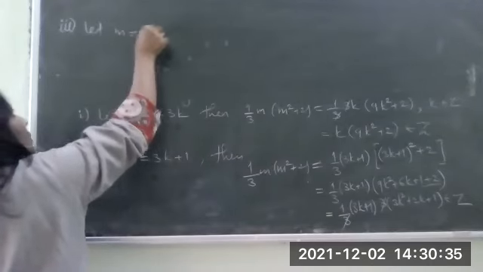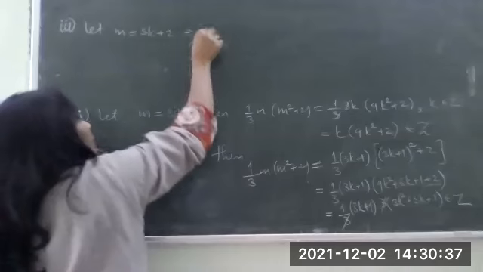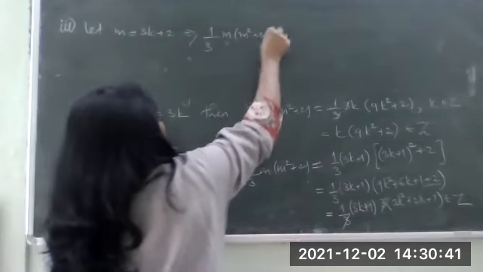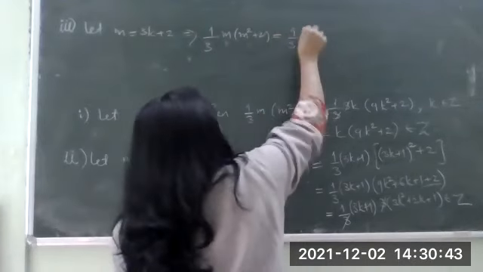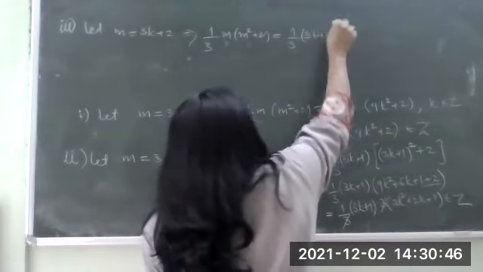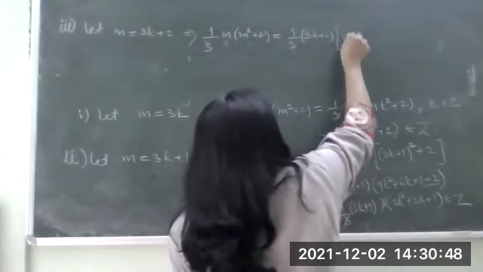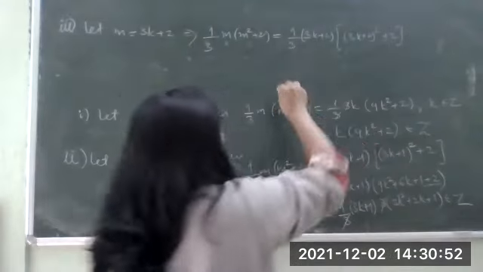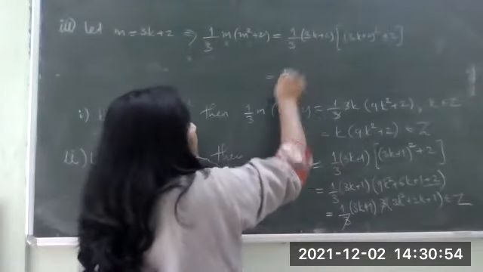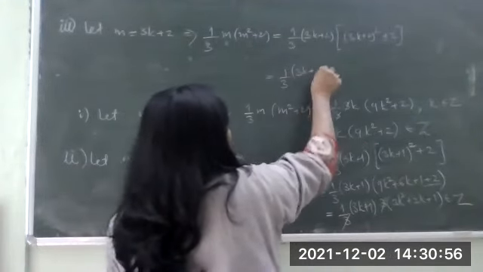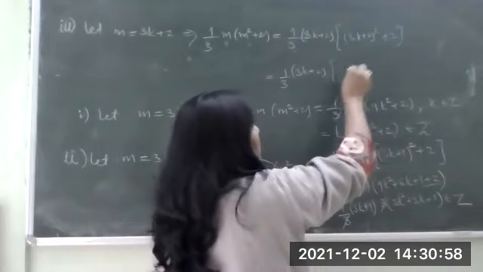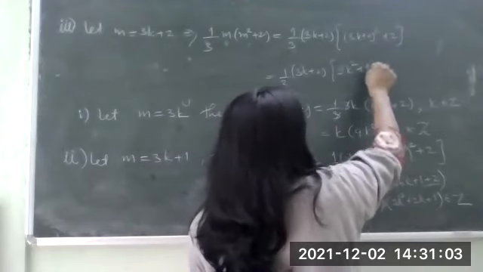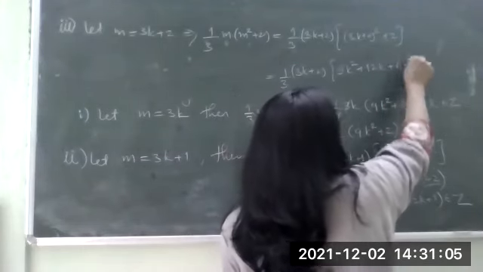Let m equal to 3k plus 2. And again we find out 1 by 3 m into m square plus 2. M is 3k plus 2, into m square means 3k plus 2 whole square, and plus 2 as it is. So this gives me 1 by 3 into 3k plus 2 into bracket, whole square formula, 9k square plus 12k plus 4 plus 2.